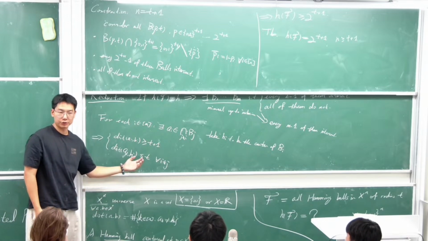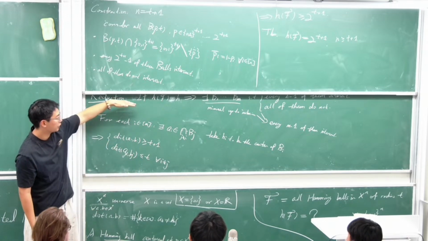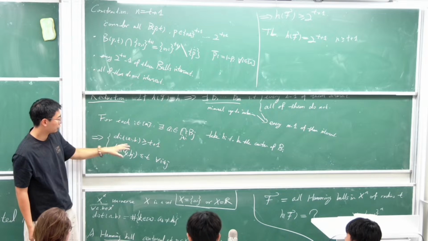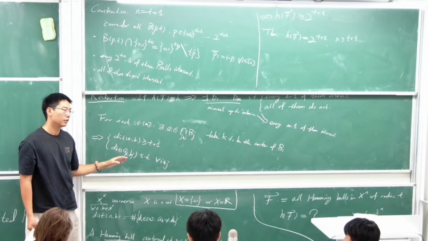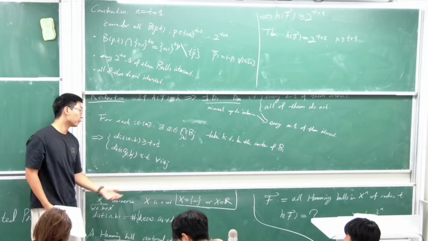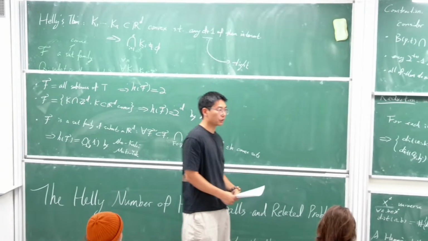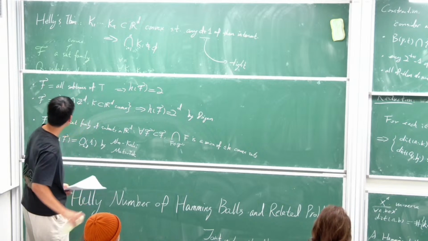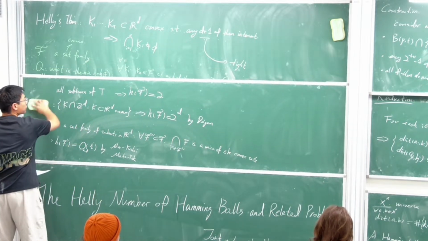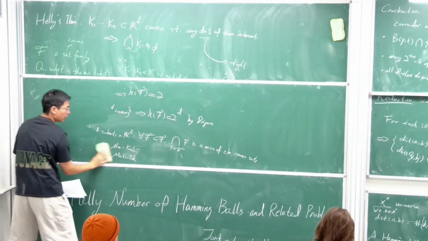So this reduction step reduces the problem into something like a set pairing inequality. It's not really a set, but like a pairing inequality. This is really what we proved. Any questions so far?